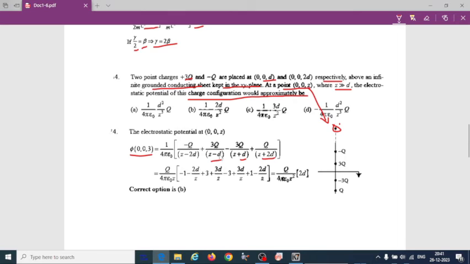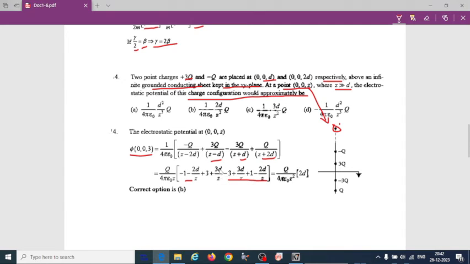After writing the equation, we can take here z common and minus q divided by z. If we equate, we will have minus 1 minus 2d divided by z plus 3 plus 3d divided by z. So like that you can write the 4 terms here.